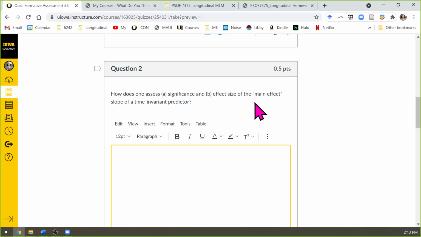Whether or not the slope of the time invariant predictor is conditional at time 0 depends on whether it interacts with time. If it doesn't interact with time, then it's saying that it shifts the y-axis up or down equally across occasions. It's like a parallel change. Whereas if it interacts with time, then it would be a different effect of that predictor at each subsequent occasion, so it shifts the y-axis differently depending on which occasion it is.